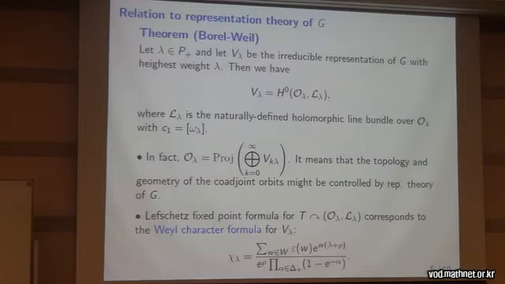Then the famous Borel-Weil theorem says that we have an isomorphism like this, where L_lambda is a naturally defined holomorphic line bundle over O_lambda, such that c_1 is represented by this Kähler form, and H^0 is of course the space of holomorphic sections of this line bundle.